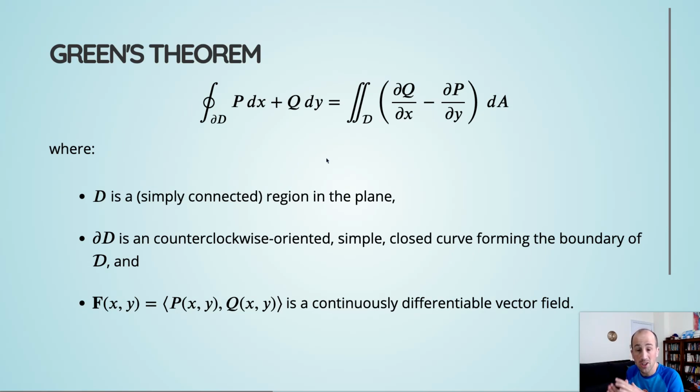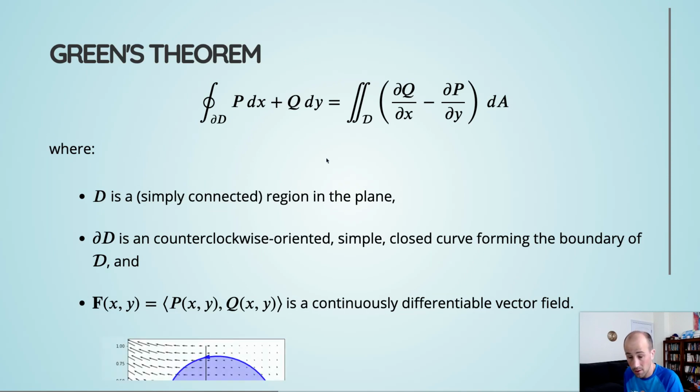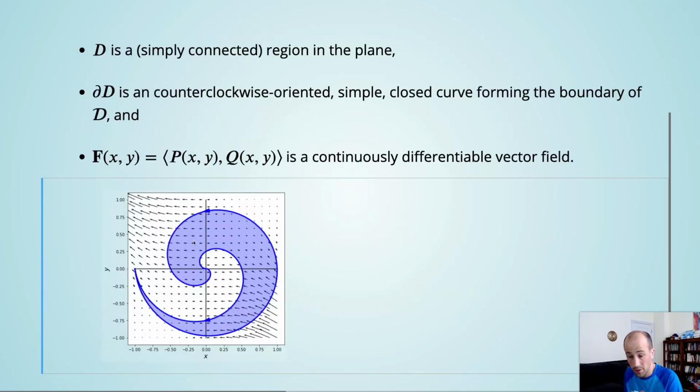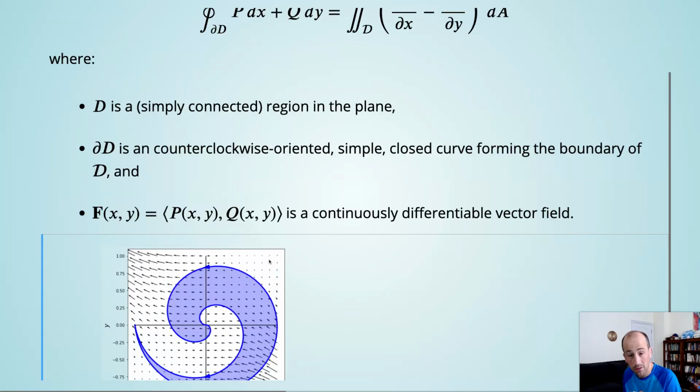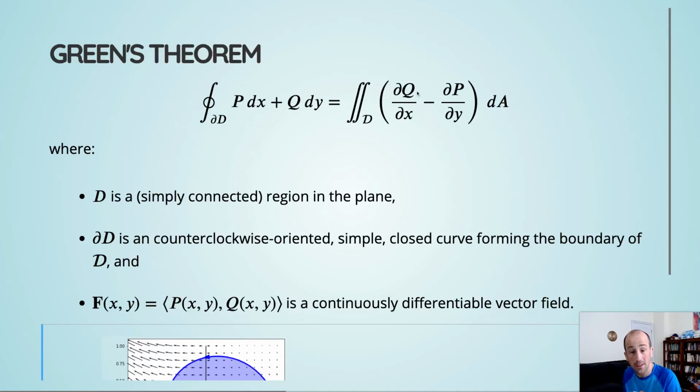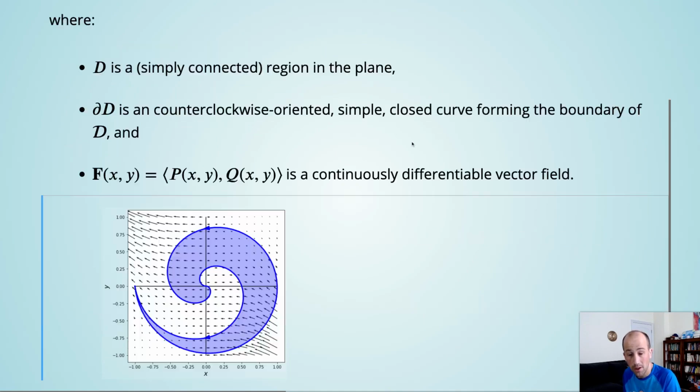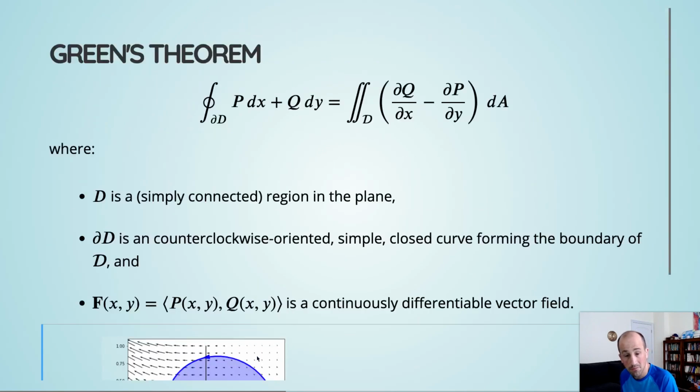We've got a region D in the plane here. Here's a picture. Again, the solid blue region is D here, and some measurement over the whole interior of it, namely the integral of this quantity, dQ/dx minus dP/dy, is equal to an integral of the vector field around the outside. That's what Green's theorem says.